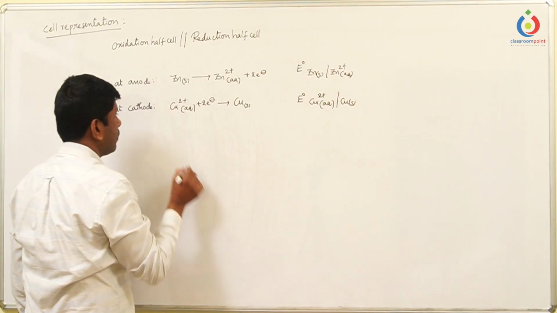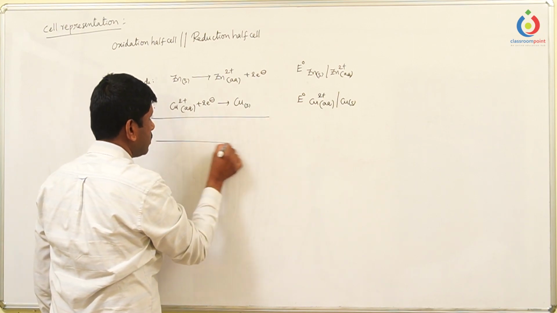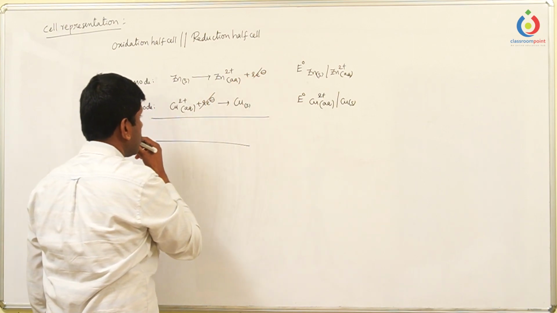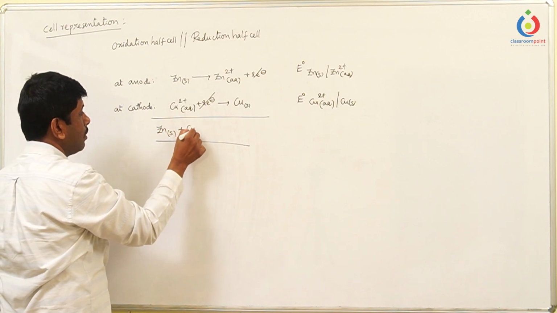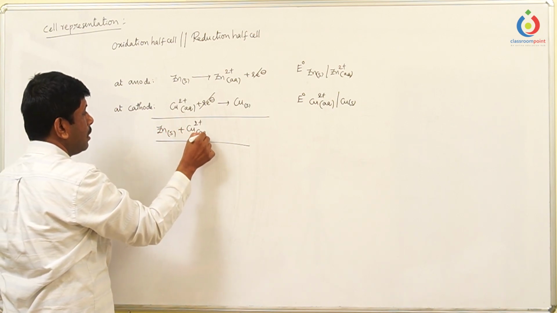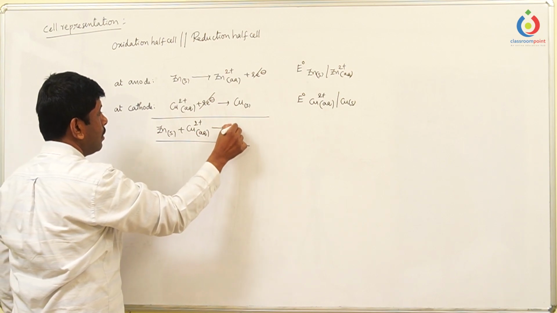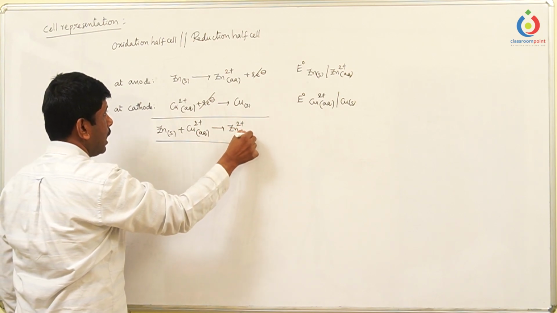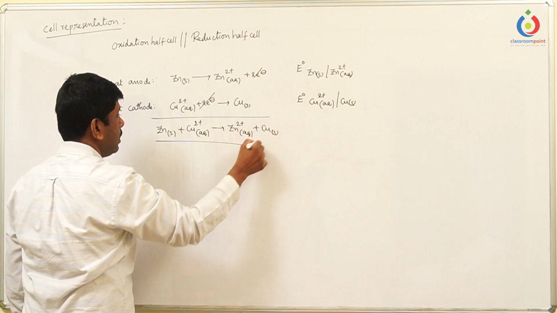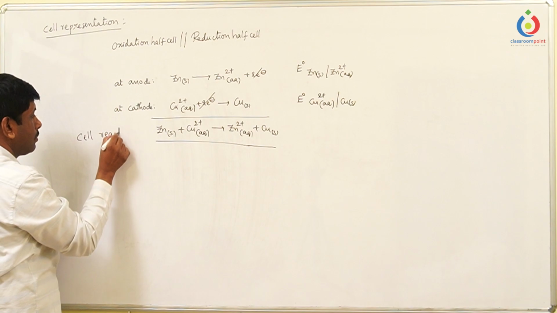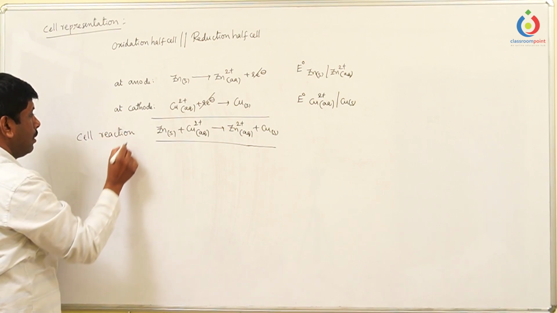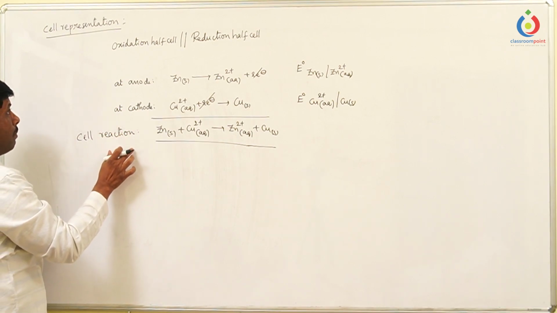Now in the total cell reaction, the 2 electrons cancel out, so zinc solid plus Cu2 plus aqueous gives Zn2 plus aqueous plus Cu in the solid state. This is the complete cell reaction. Now, how do we write the cell representation from the cell reaction?